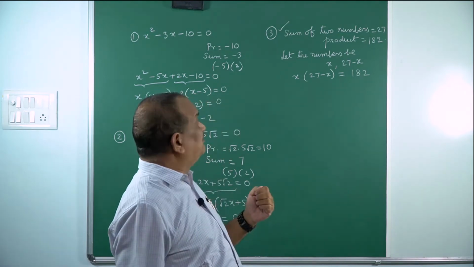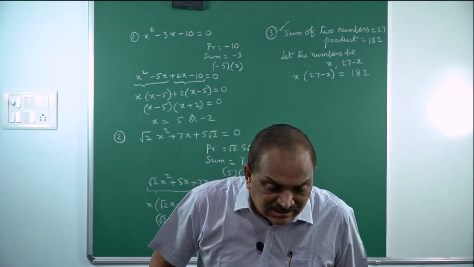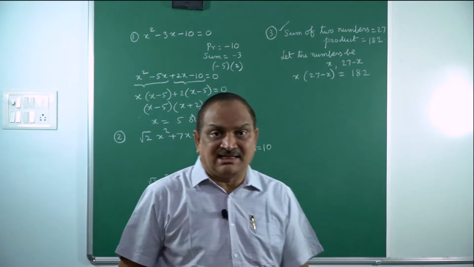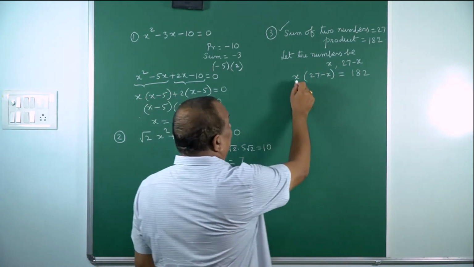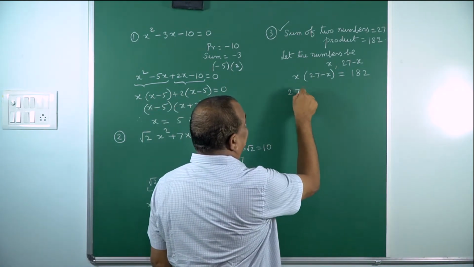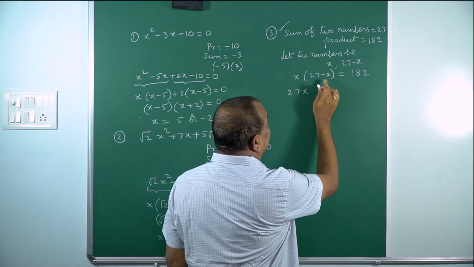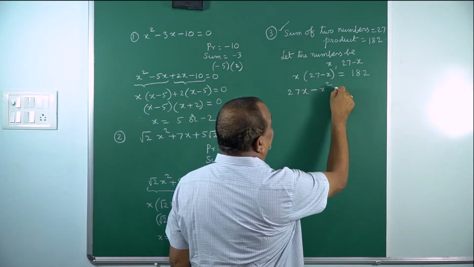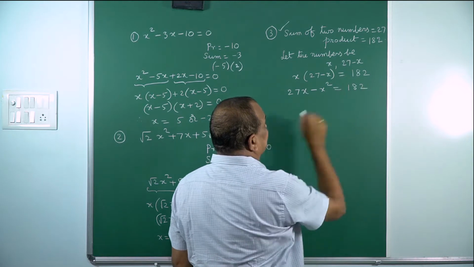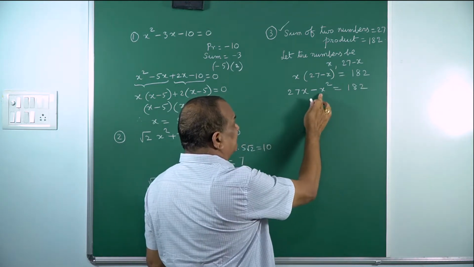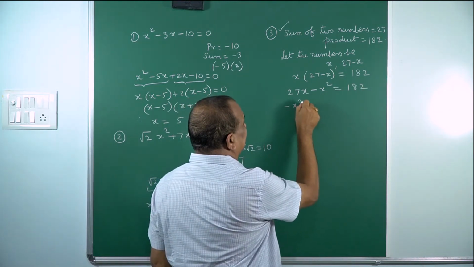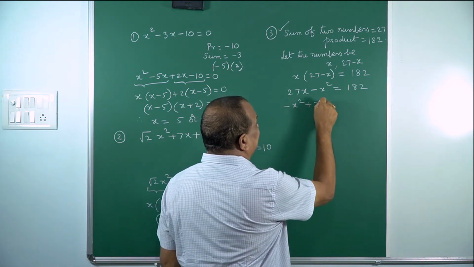But there are no conditions given here. Any two numbers they can be. x will have two answers. Let us say now x times 27, 27x. x times minus x square, 182. So I just put them in order. First I write minus x square, then I write plus 27x.